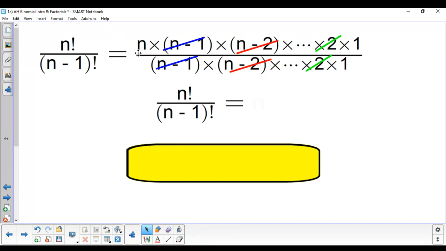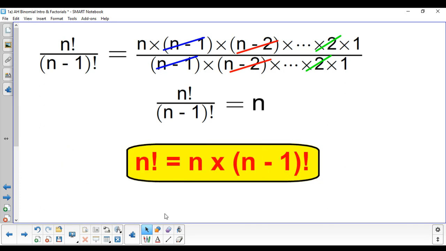So what happens is n factorial over n minus 1 factorial, all the top cancels except for n. So it doesn't go to 0 here. It means it's n over 1, so it goes to n. Cross multiply, you end up with n factorial is the same as n times n minus 1 factorial, which we were talking about. So 4 factorial is 4 times 3 factorial, 5 factorial is 5 times 4 factorial, and so forth.